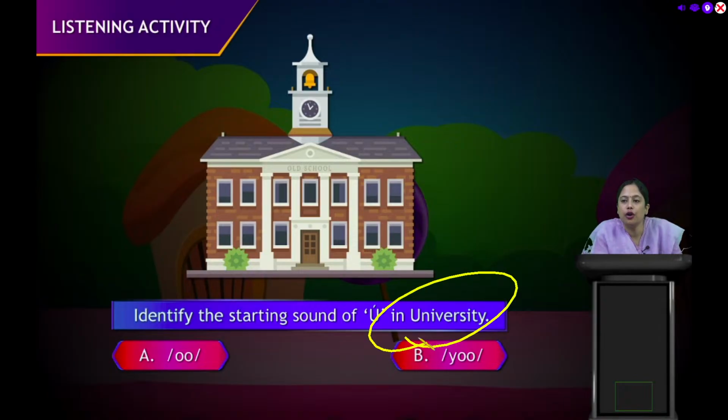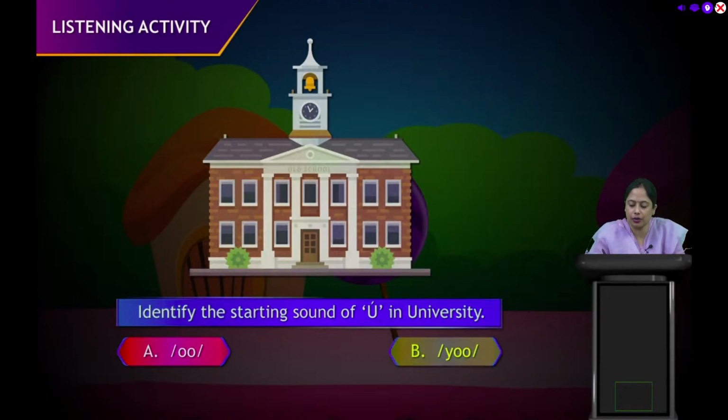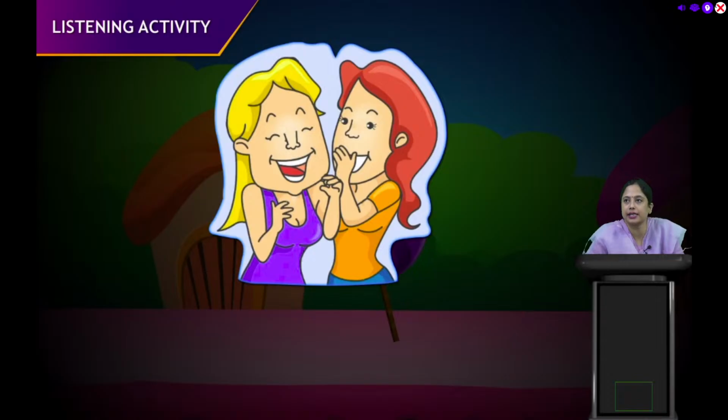Is it U or U? Which is the right word? Which is the right sound? Very good. It is option B. University. Is it long or short? It is the long U sound. Okay, very nice. We come to the third one.